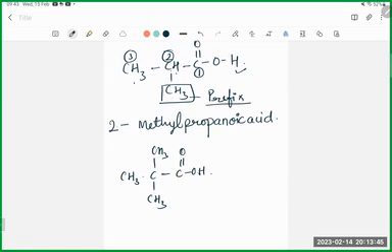Write the name of this compound. Is it 2-dimethyl propanoic acid? Come again. I said 2-dimethyl.